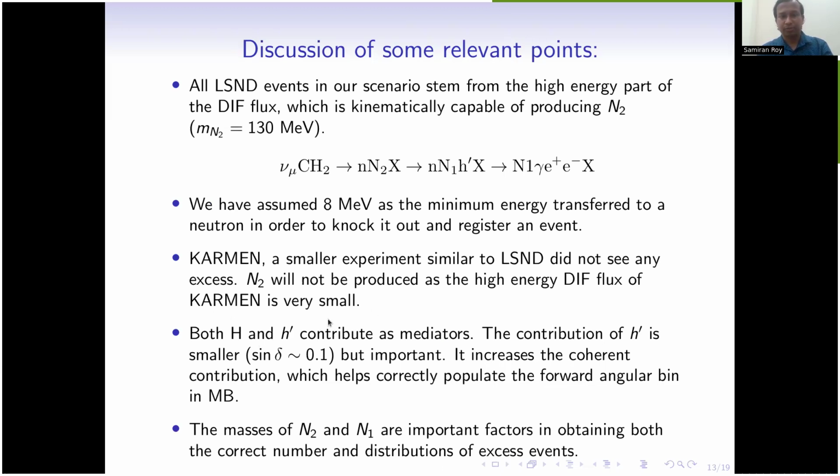Both capital H and H prime contribute, and the H prime contribution is small because of this sine delta. But since it contributes more in the coherent contribution, it will help to populate the forward bins in the angular distributions. The masses of N2 and N1 are important to obtain the correct number and distribution of the excess events.